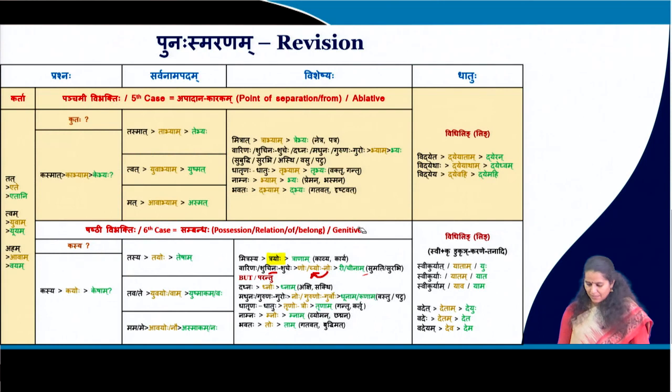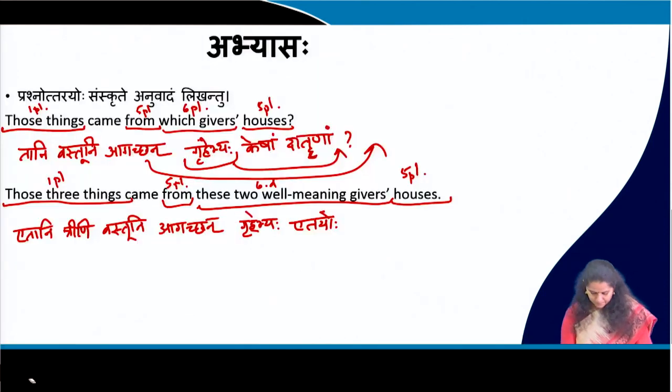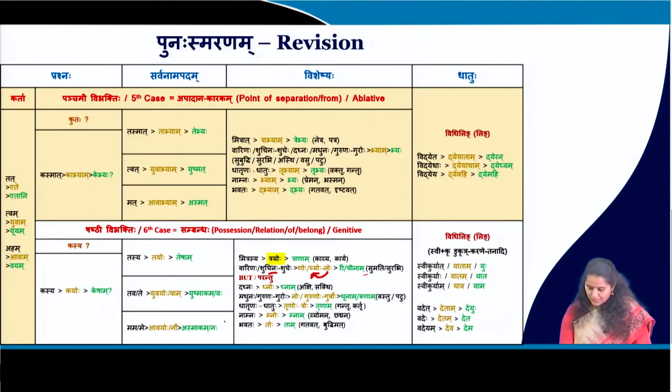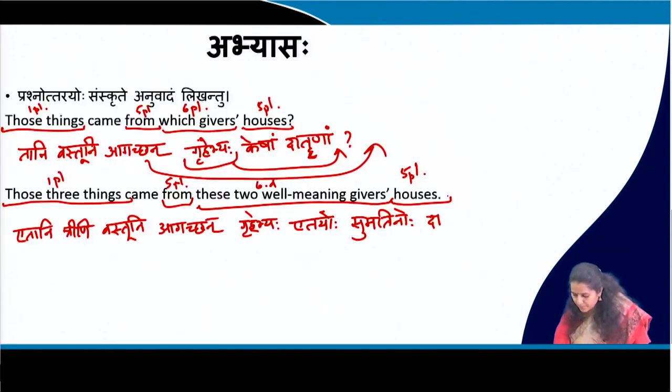Let's have a look at it to be absolutely sure. So sumati will be like this, so it will be sumatinoho. Sumatinoho, because we are talking of it in the Napunsakalinga. And da, so let's go back there and see what happens. Datra becomes datrinoho or datroho.